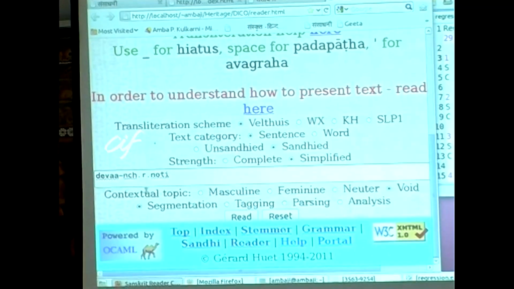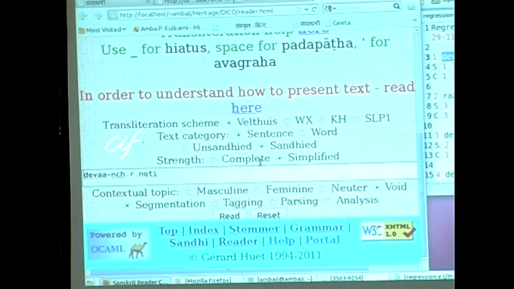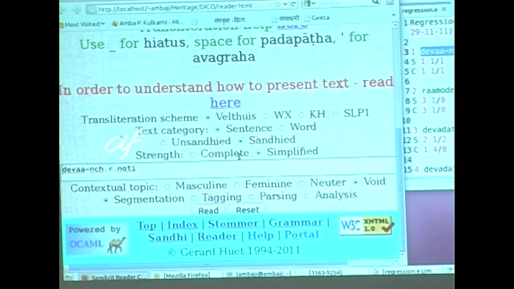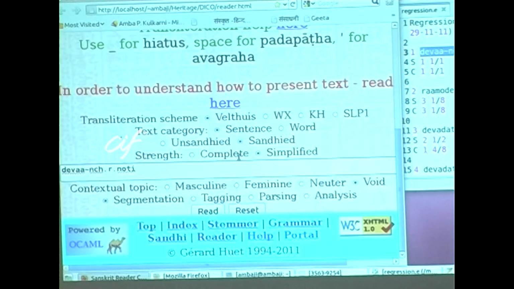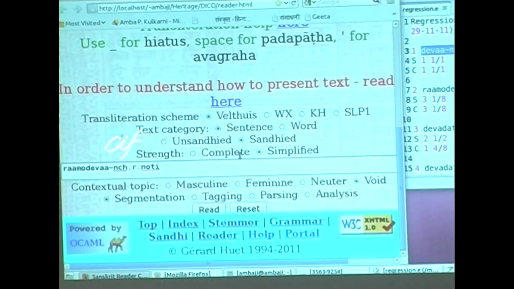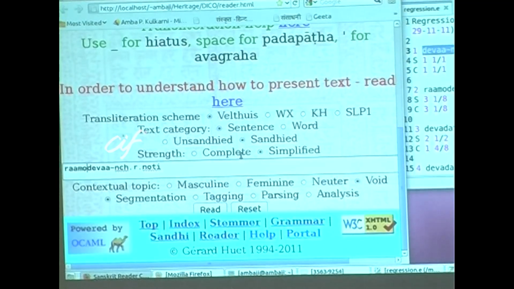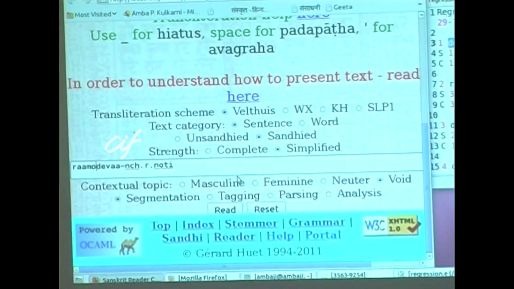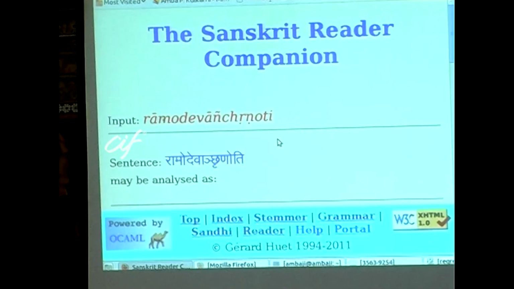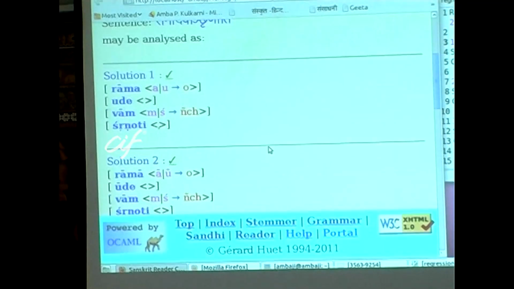We are complicating it a little bit by adding Rama in the picture. So now we say Rama Devan Srimati. Again, it's similar.